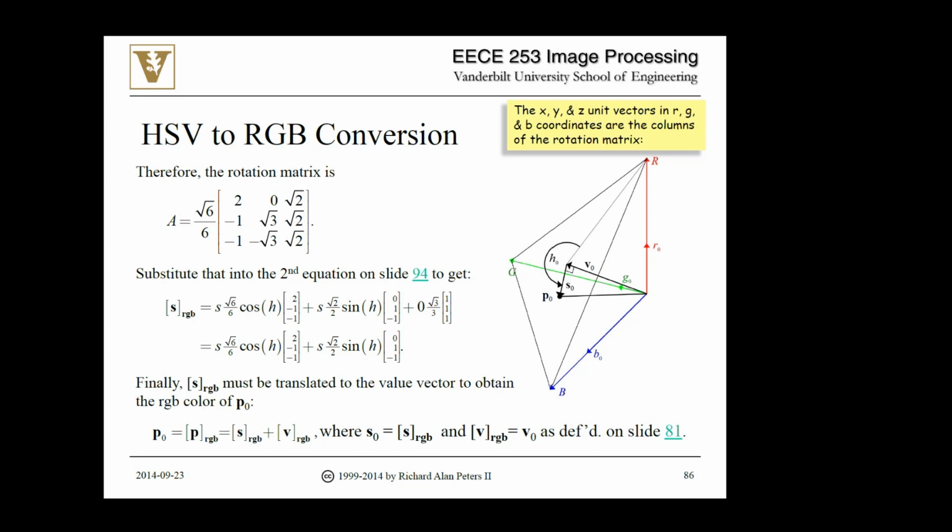The meaning is that each one of the columns is a unit vector, and these unit vectors go from HSV to RGB. And so this is the expression of E in the RGB coordinate system. This is the expression of this vector here, in the RGB coordinate system, and the one perpendicular.